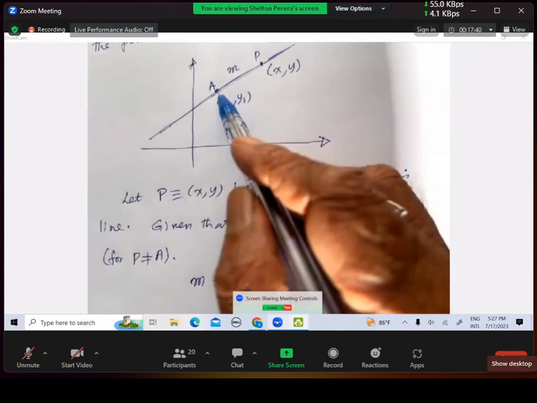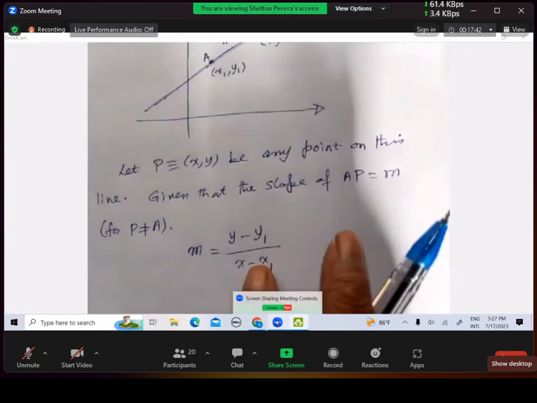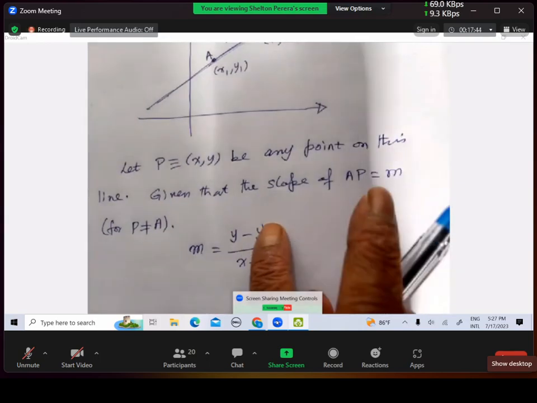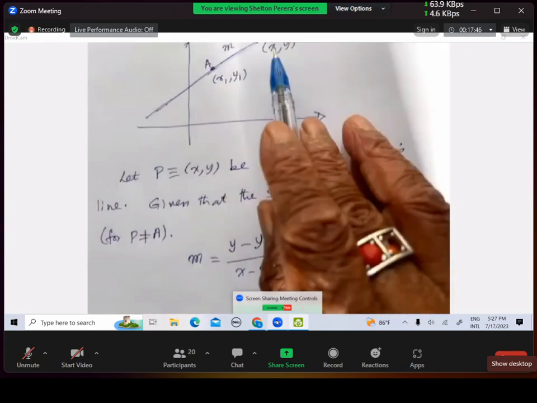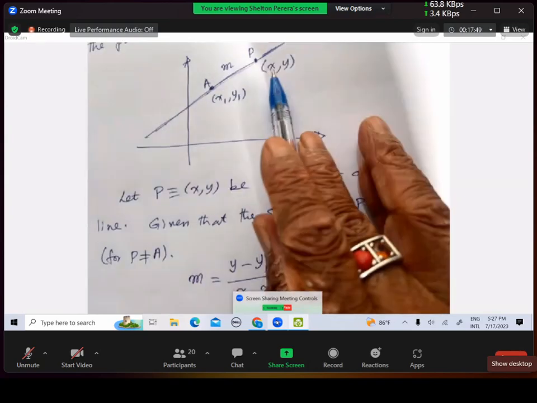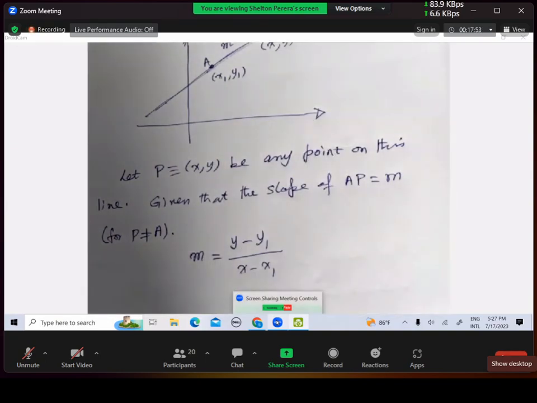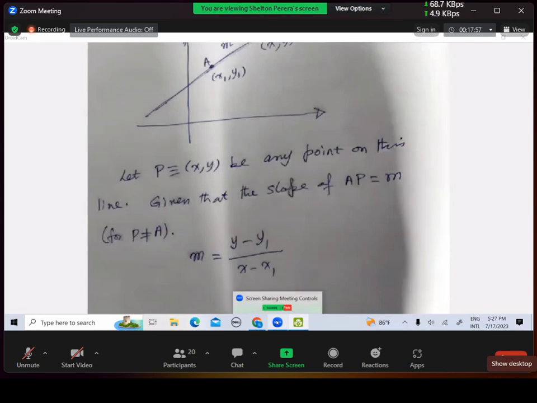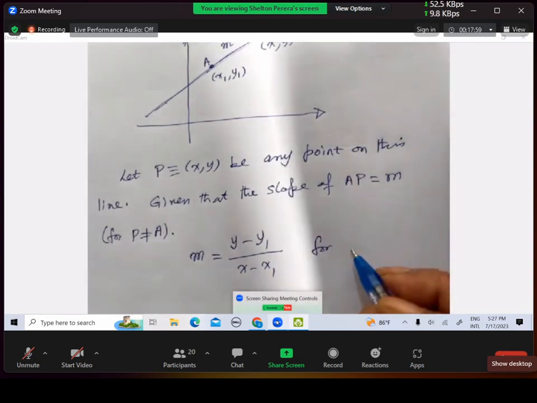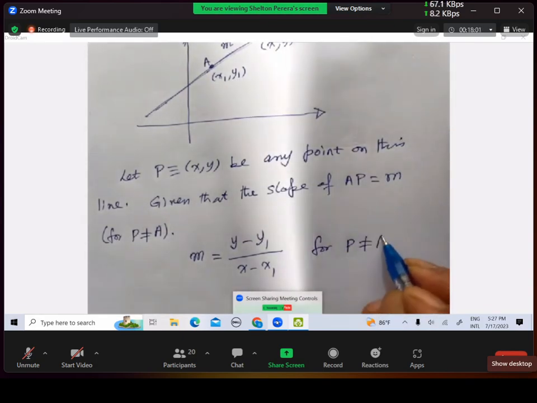But if P is A, then we get 0 here and 0 there also. If P becomes A, x is x1, y is y1, so you get 0 over 0, undefined. So m is equal to this for P not equal to A.